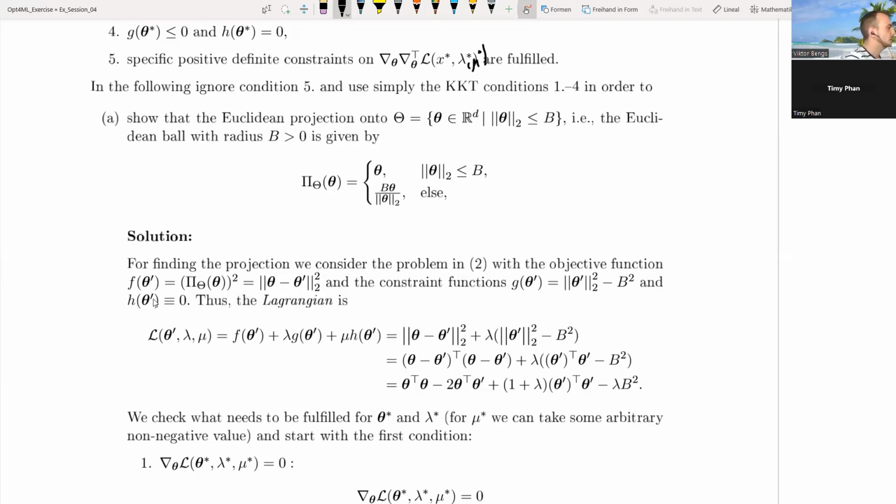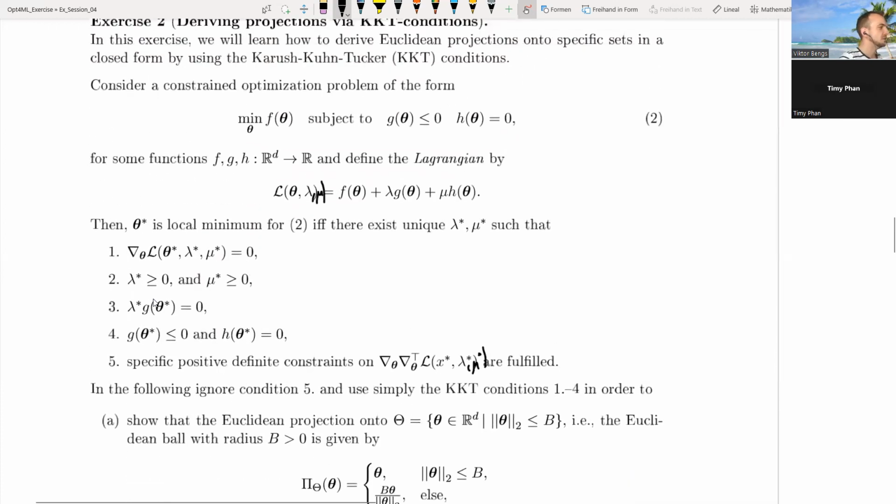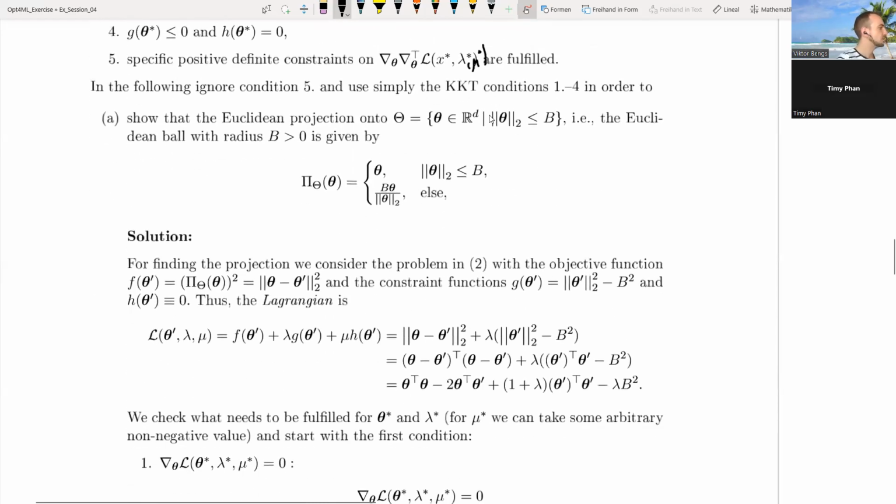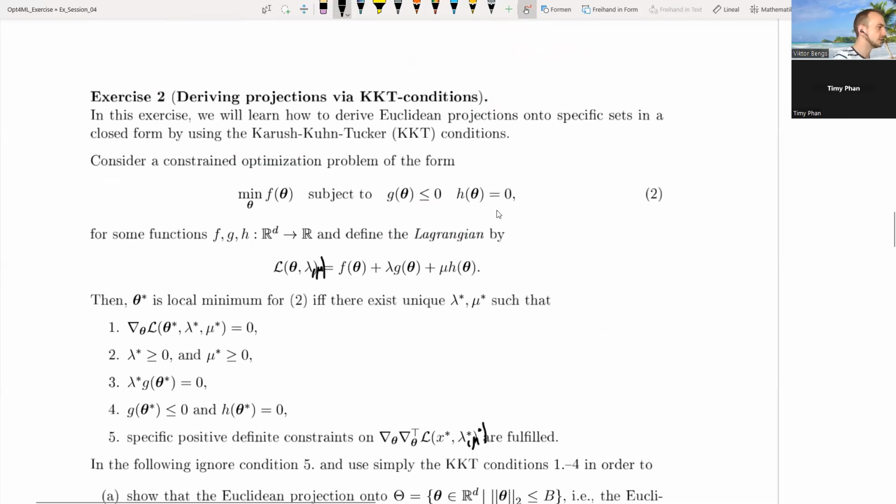And what about this equality constraint? Well, we can also specify a trivial constraint. Maybe we can say this function h is simply the 0 function, and then every theta prime we plug in here is already fulfilling this constraint.